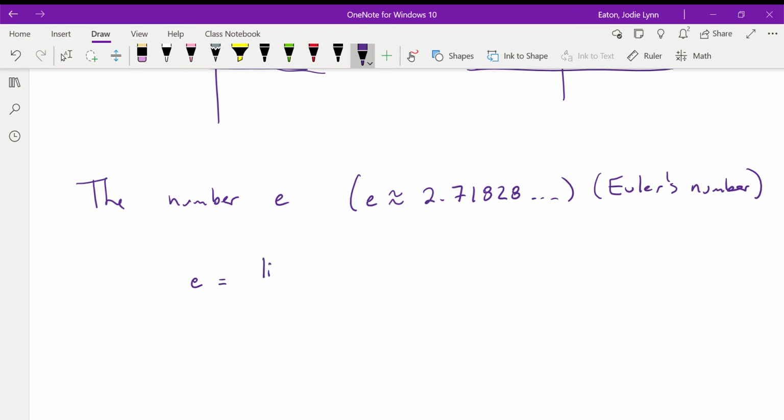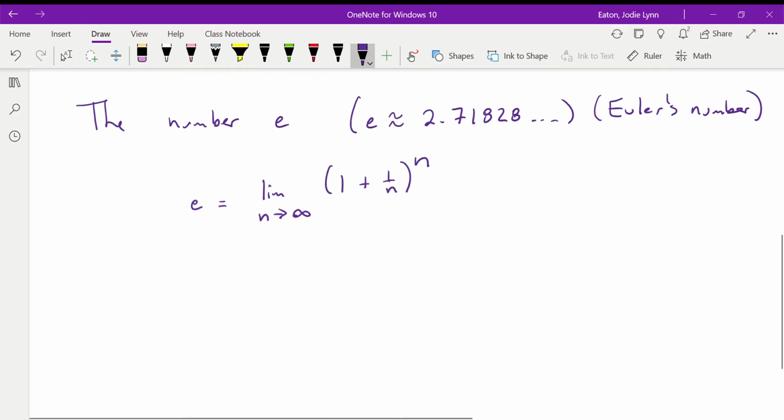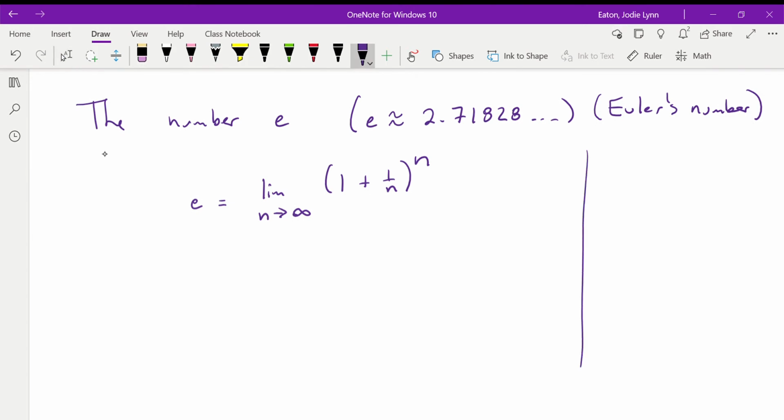So we have e equals the limit as n approaches infinity of 1 plus 1 over n to the power of n. And we can see that this is the limit by just estimating. We're going to take successively bigger values of n. If we have n equals 1, we get 2. If we have n equals 10, we take 1 plus 1/10 to the power of 10, which is approximately 2.5937.